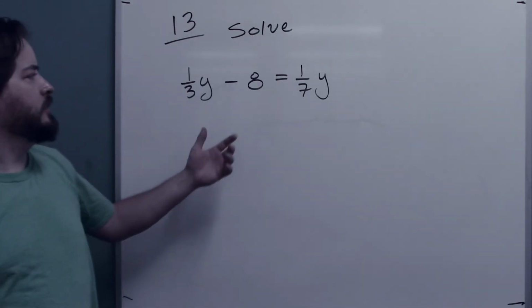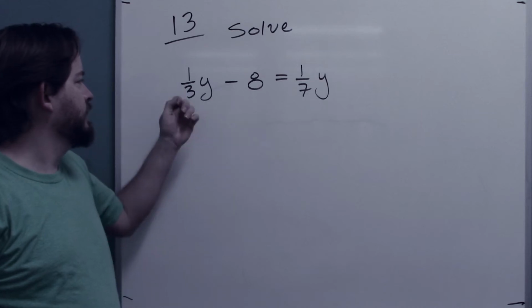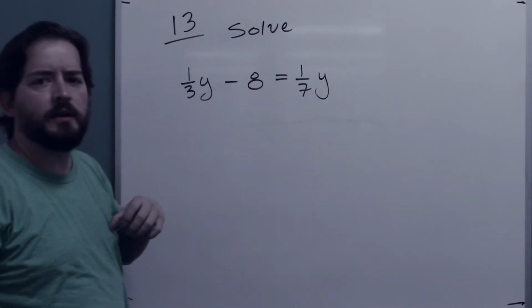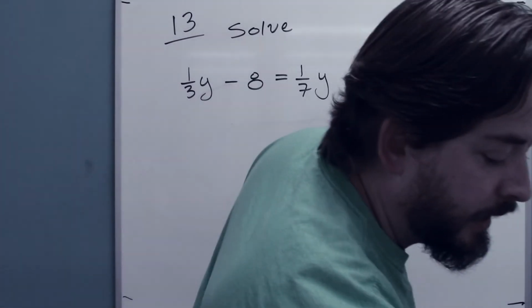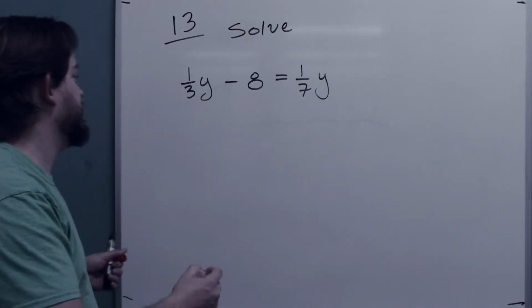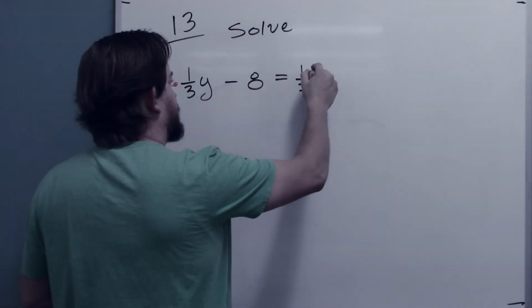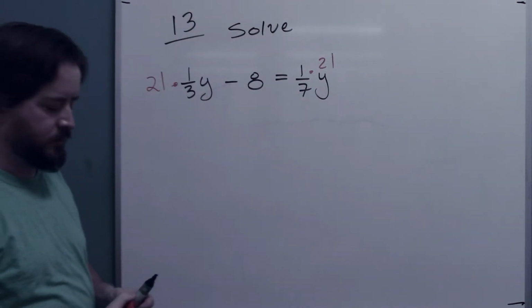So here a lot of people will try to get rid of the denominators, which is great, that's what I would do as well. The lowest common multiple of the denominators is 21, so I need to multiply the left-hand side and the right-hand side by 21. And the biggest mistake I see is people saying, I'm going to multiply this by 21, and I'm going to multiply this by 21, and the 8's a whole number, so I don't need to multiply it by 21.